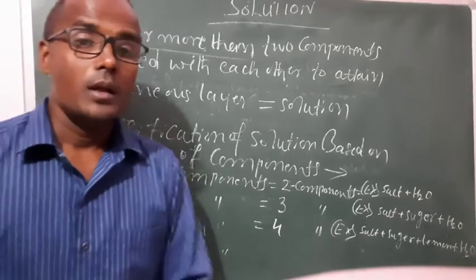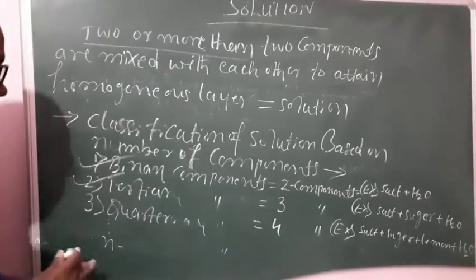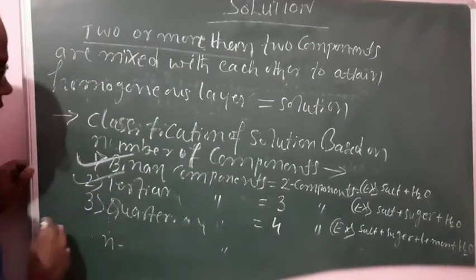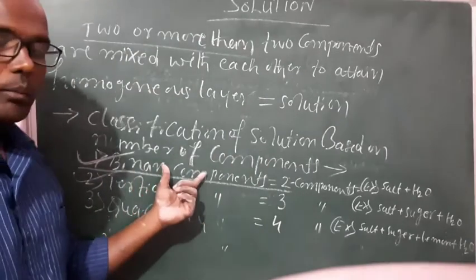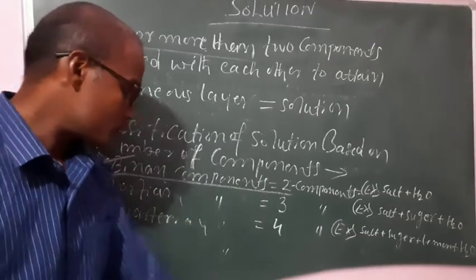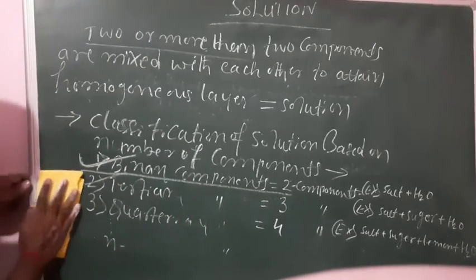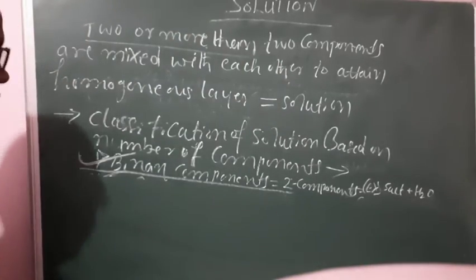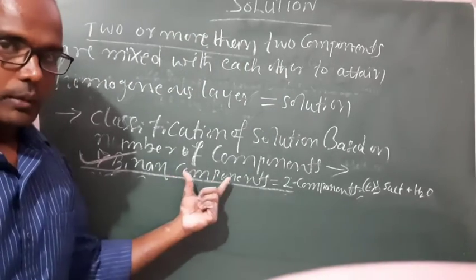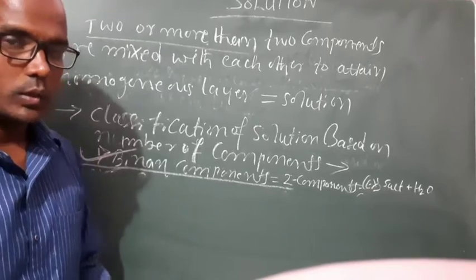Right, students? But students, in your syllabus we have only the binary solution, only binary component. Tertiary and quaternary are not for your syllabus; in your syllabus we have to discuss only binary components. Clear, students?